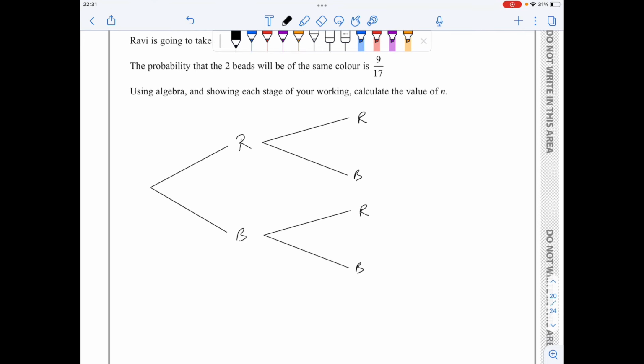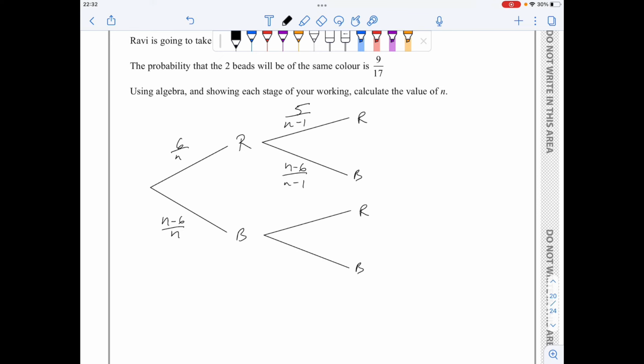The probability of getting a red is 6 out of n, and the probability of getting a blue is n minus 6 over n. Now, if the first one is red, the probability of getting a second red is 5 remaining reds over n minus 1, which is the total remaining after picking one of them. And the probability of getting a blue one is n minus 6 over n minus 1.